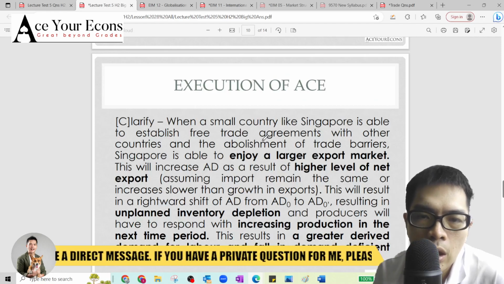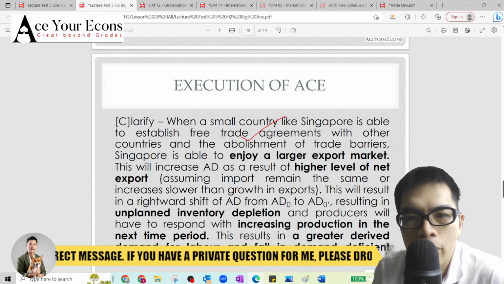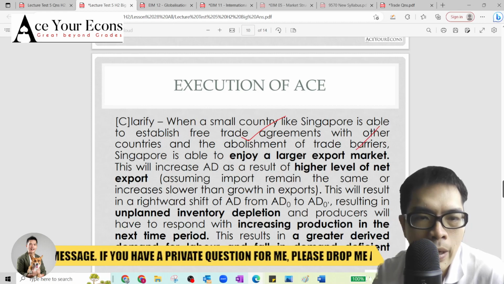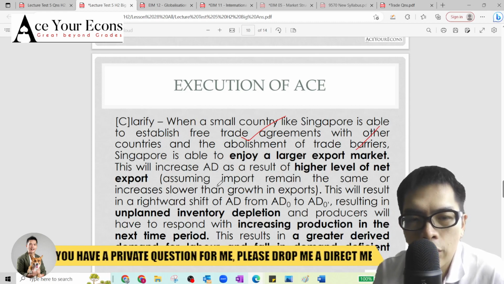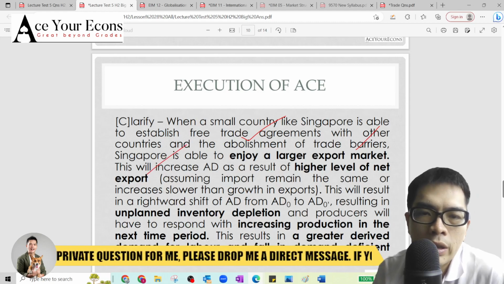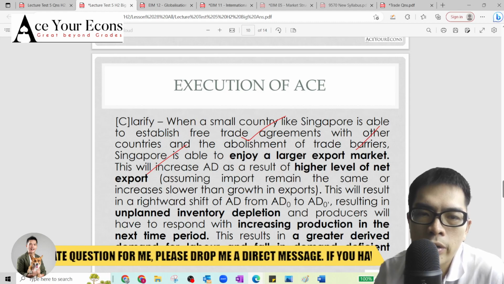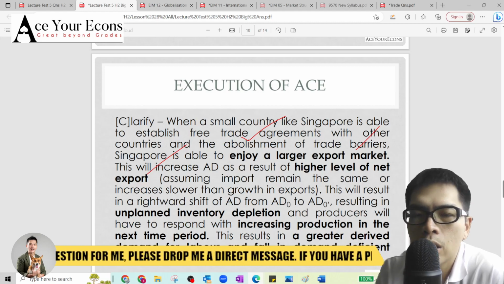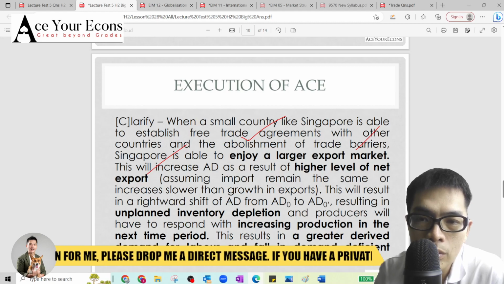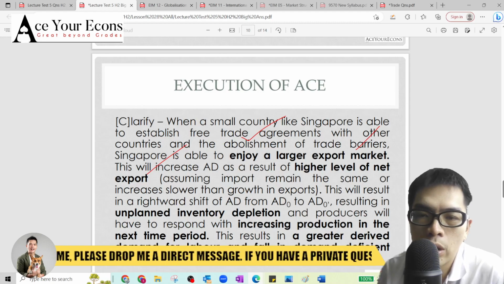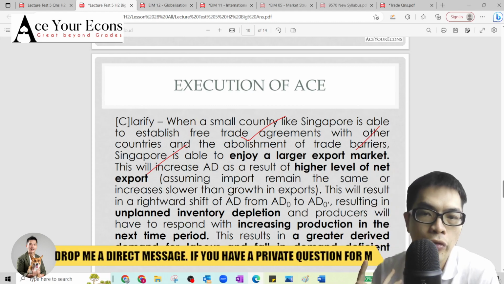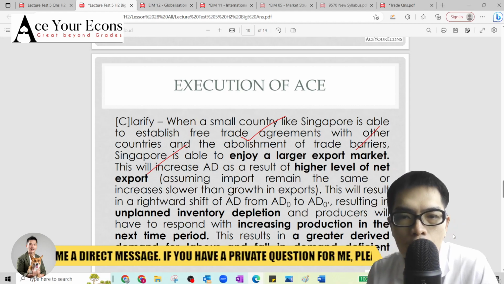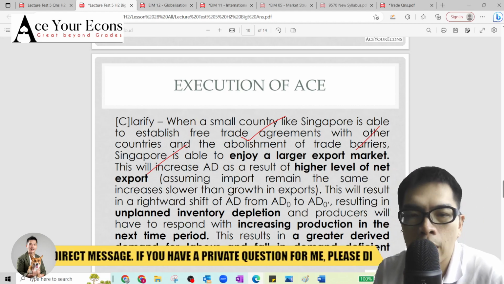When countries establish free trade agreements with other countries and they mutually abolish trade barriers, then countries like Singapore will have a bigger export market. Or you can also stick with the narrative of when you abolish trade barriers and countries specialize in a particular good, then they are going to sell more to the rest of the world. You can either illustrate from the volume perspective or from the composition perspective. Either way, make sure you relate to higher X minus M.